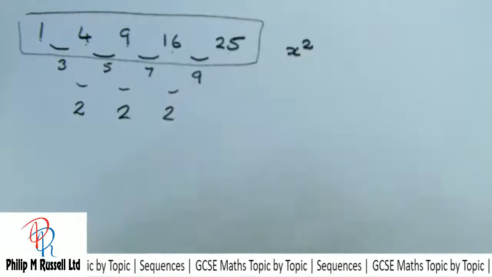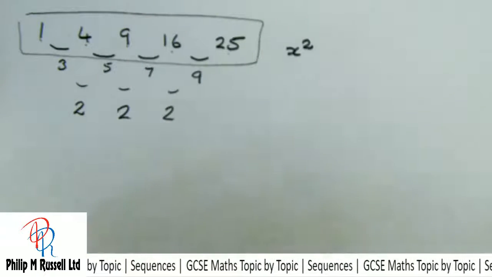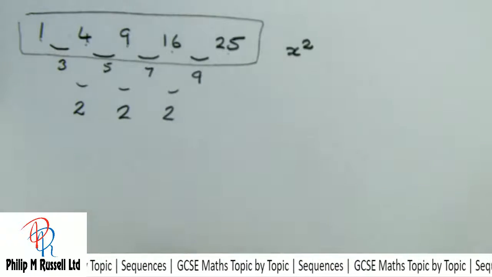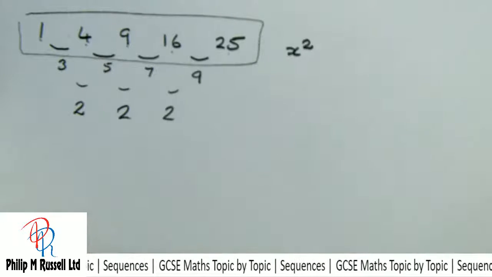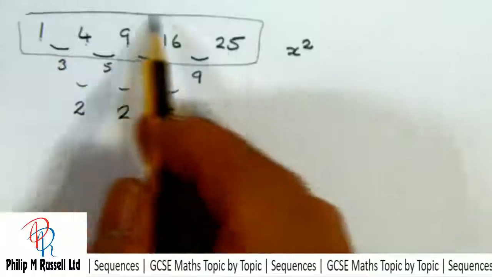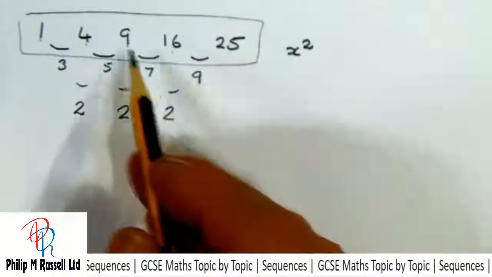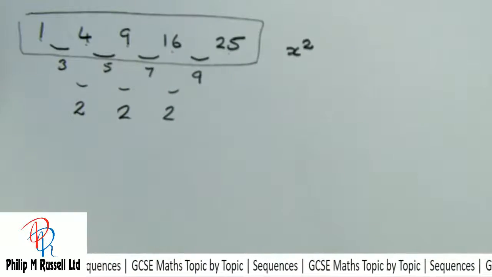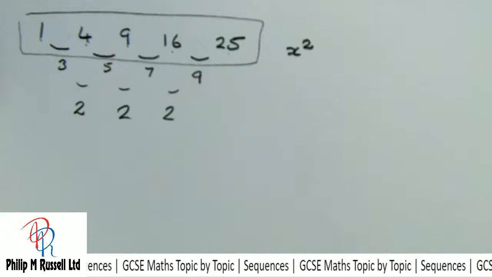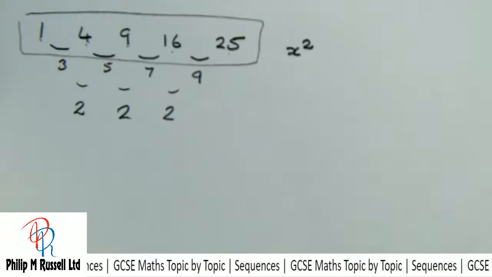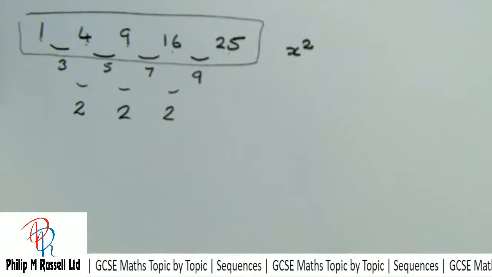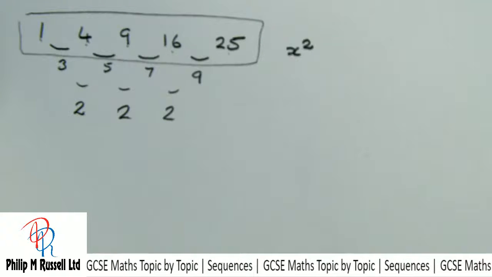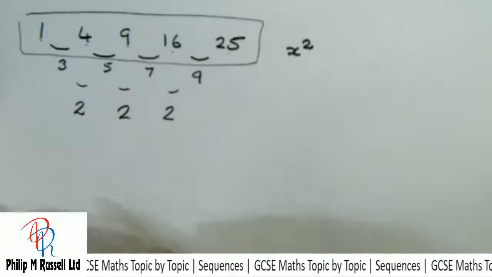This is n squared. So it's not particularly nasty, but it's one that we need to be aware of, and we're going to have a look at some quadratic sequences a little bit later. Let's go and have a look at a sequence which doesn't look quite so nice.